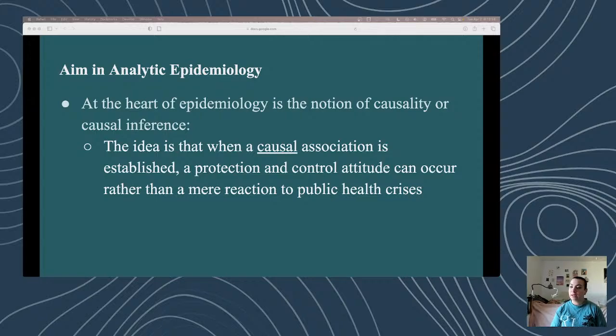Then we have the means to say, oh, if this causes that, we can prevent disease by changing exactly what that exposure is, or mitigate the impacts of an exposure by intervening among the people who've had this exposure. We need to screen them extra, do secondary prevention, A, B, and C. And that can then occur if we know a causal association rather than a mere reaction to public health crises. Probably in recent history, you've seen some mere reactions to public health crises, which do work, but don't ultimately prevent the burden of disease, the death associated.